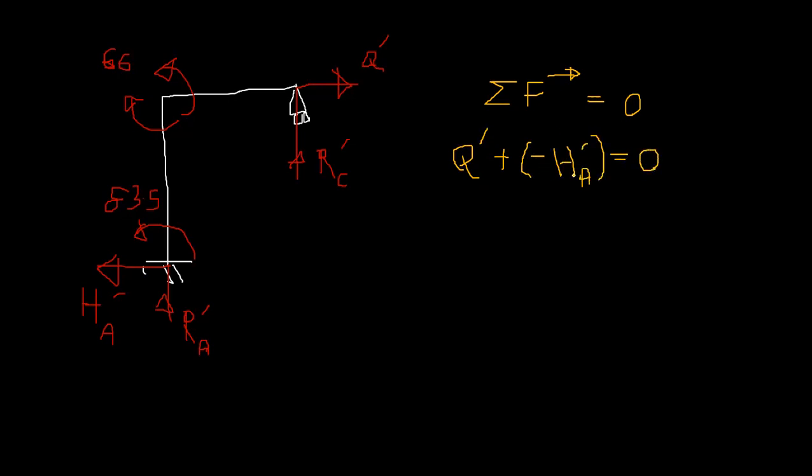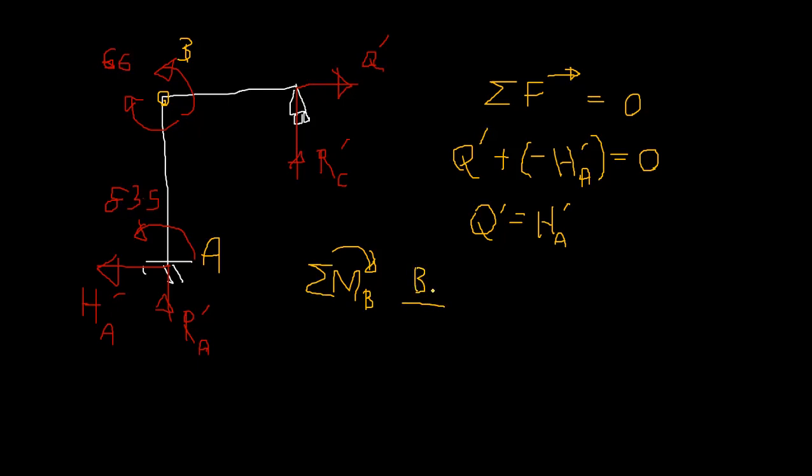So that means if I found HA, that's game over, because Q dash is equal to HA dash, right? So to find Q, the easiest way is take a moment around B for BA member, sigma MB for the BA member, right? That should be 0.